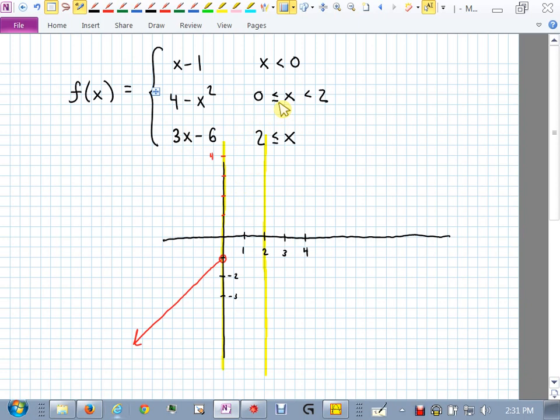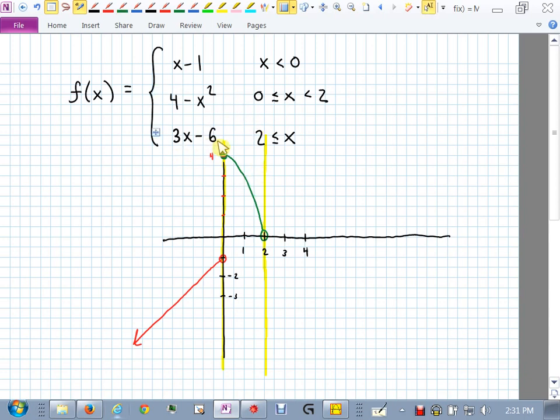Solid, because it's defined there. So I'm going to put this solid dot here. And then what would the value be getting close to as I got close to 2 here? If I plug 2 in, what would it be? 0. So I should be down here, but I'm going to put an open hole there. And then I'm going to make the parabola open down like that. Does that make sense? Line, parabola that opens down.